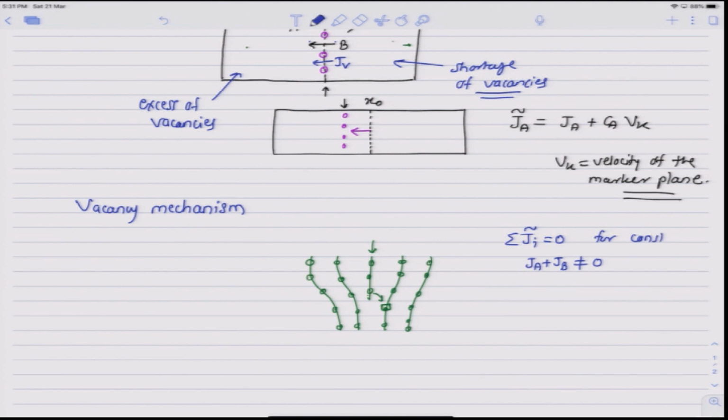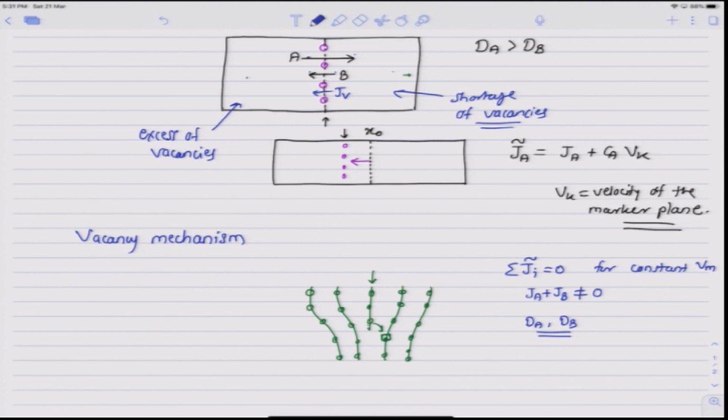This is for constant molar volume. If the molar volume is not constant, then sigma Vi bar Ji with respect to the volume fixed frame is equal to 0. But when molar volume is constant, again the volume fixed frame coincides with the stationary frame, and the sigma Ji tilde is equal to 0. But this is not the case for intrinsic diffusion, and that is why DA and DB will be different.